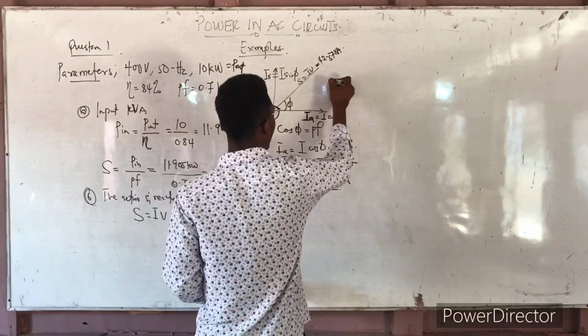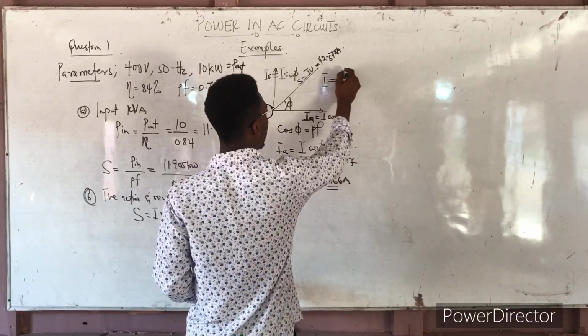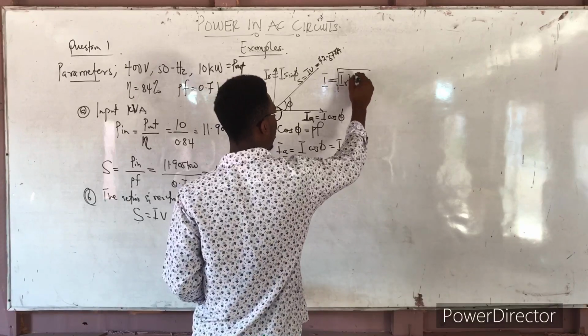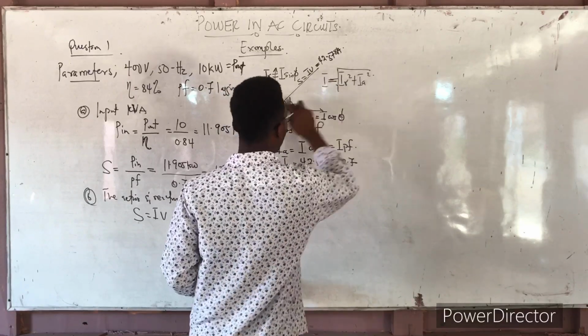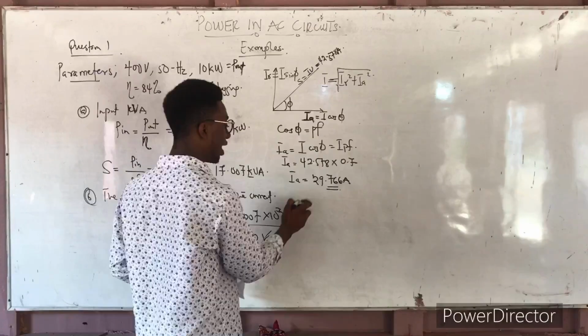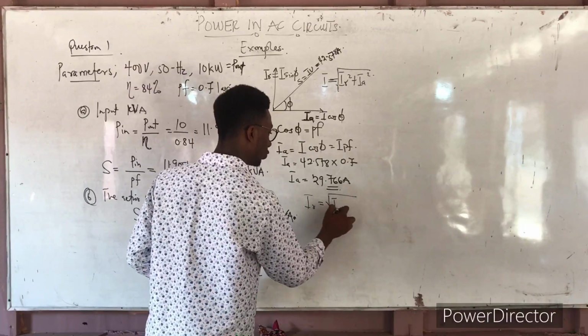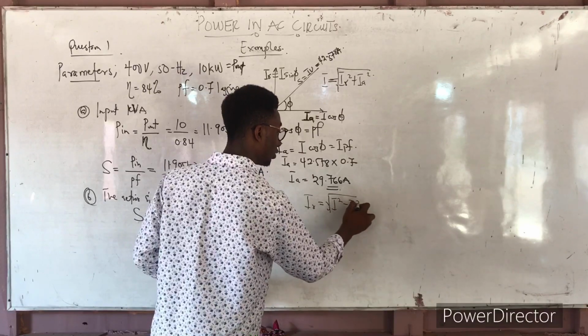So now what we can say is that I will be equal to the square root of IR squared plus IA squared, from this diagram. So we can find IR, which is equal to the square root of I squared minus IA squared.